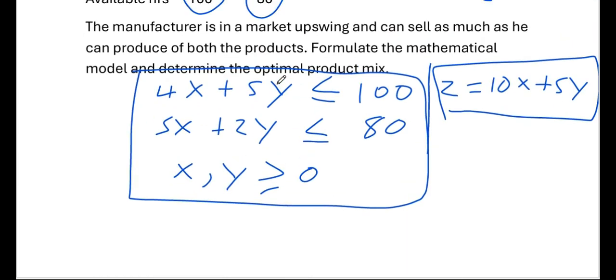When you have these constraints, the next thing you need to do is form a graph. Because these are linear equations, you need to form a graph, because remember we are solving with the graphical method. We're using graphs to solve. So what do you do next?